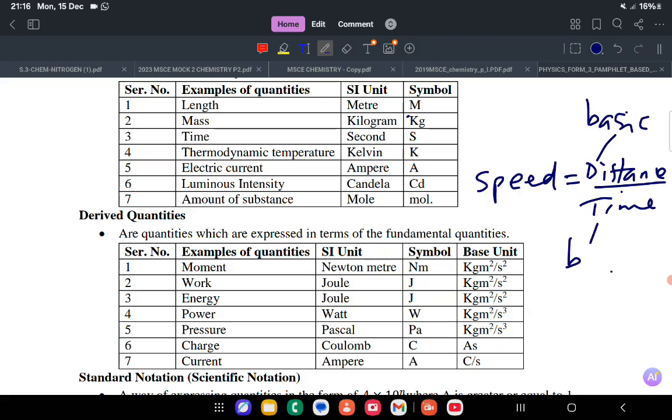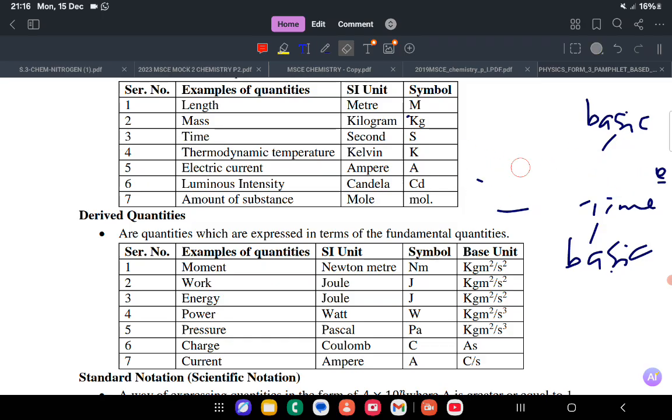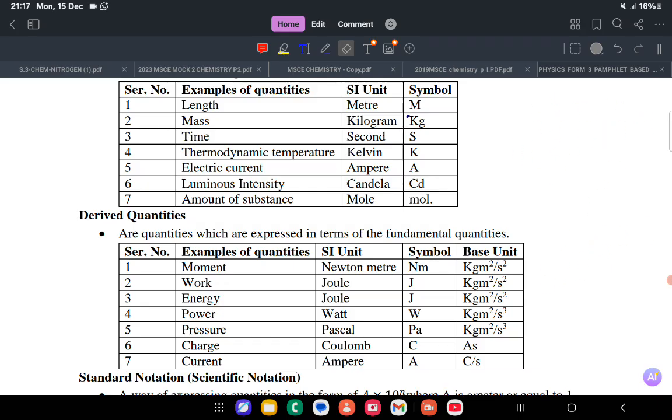Time is also basic. So these two are combined by dividing to obtain speed. Therefore, speed is a derived quantity, because it's obtained by combining 2 basic quantities or fundamental quantities: distance, which is length, and time.